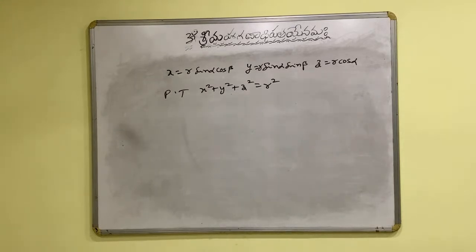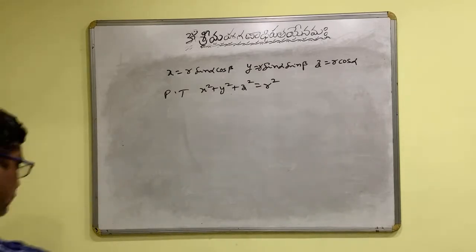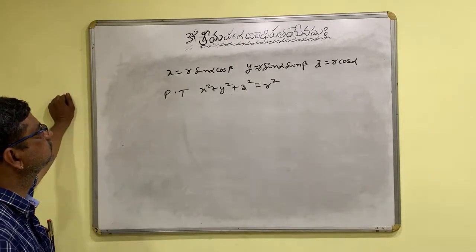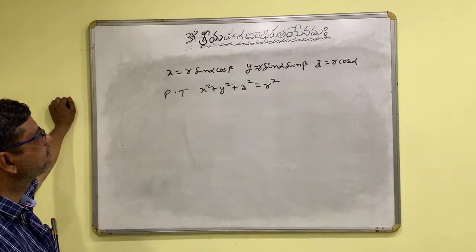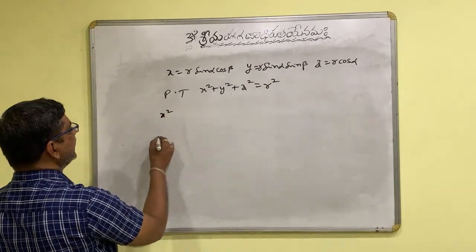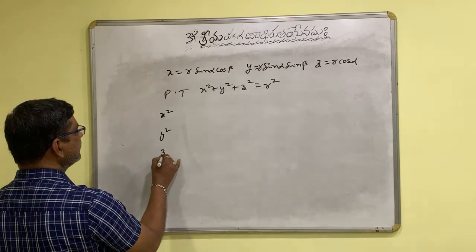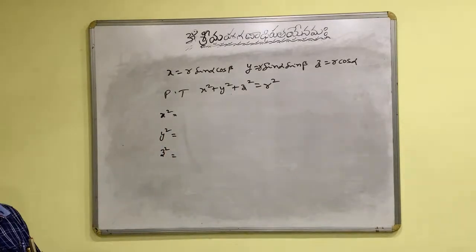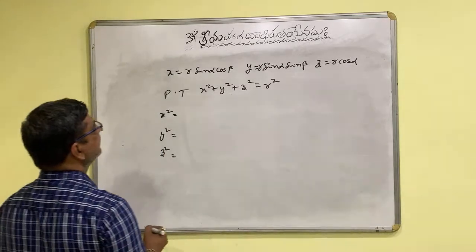How to do this? Any idea? So first do x square, y square, z square, then add.